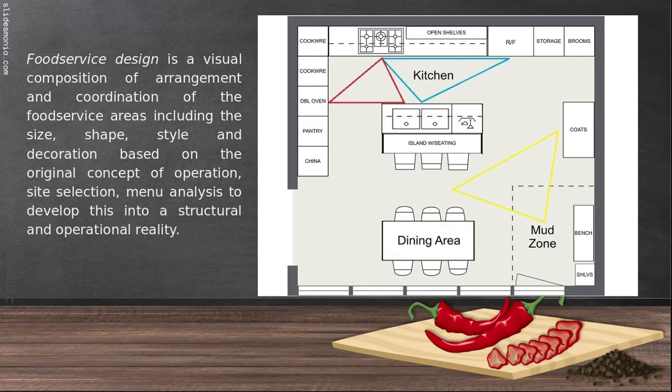Based on the definition, it should be based on the original concept of operation, site selection, as well as the menu analysis. So you have to consider the menu in constructing your layout. It depends on the menu types and the size of the menu, the amount, how many dishes you should have for your establishment.